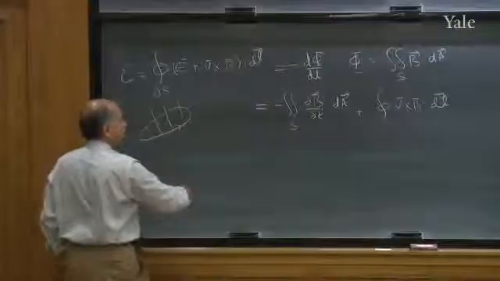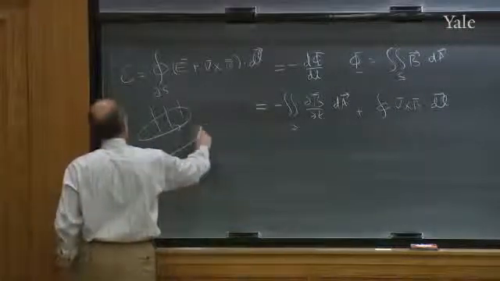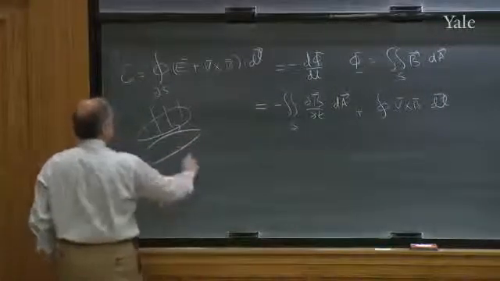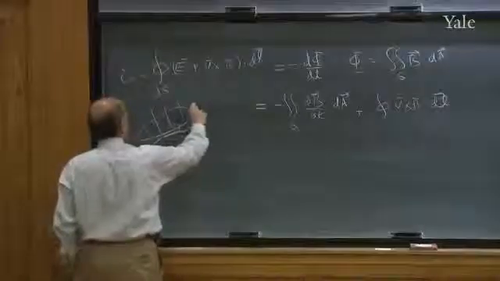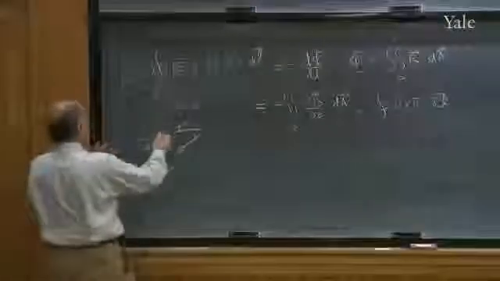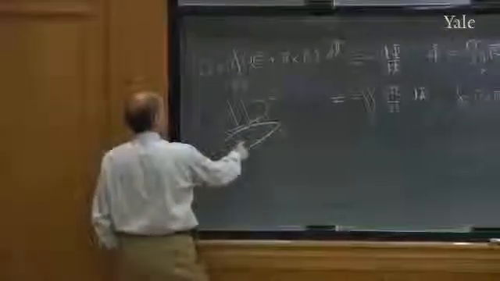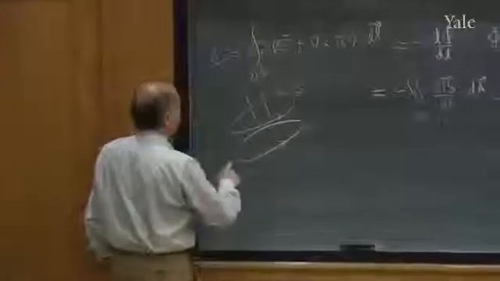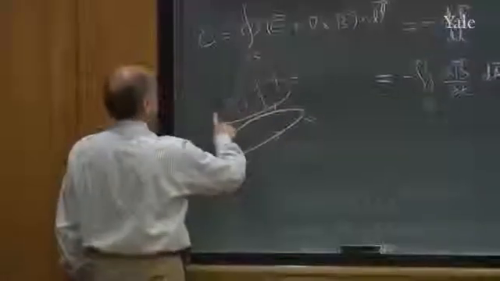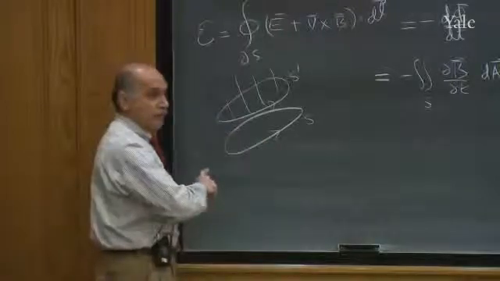I'll remind you briefly, but I certainly don't want to do it again, that if you had a loop that was doing this initially, and it was doing that a little later, the loop is moving, then if you want to find the change in flux between that one and this one, a natural thing to do is to integrate the flux on that loop later, and subtract from it the original loop earlier.